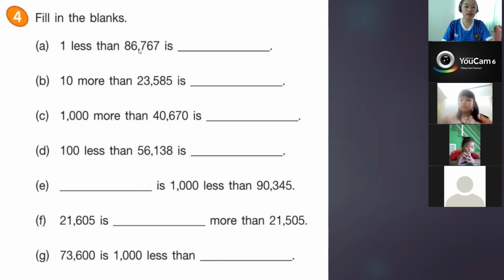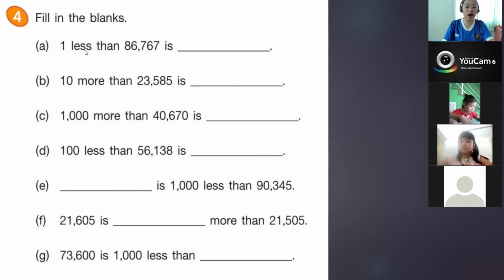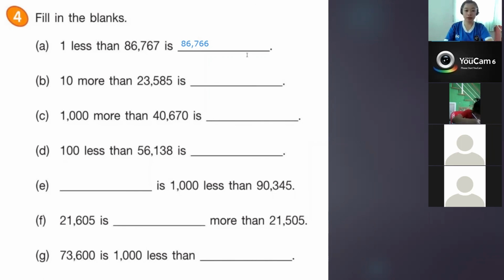So 86,767 minus 1 is equal to 86,766. Okay, next letter B.